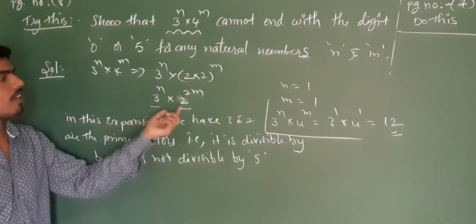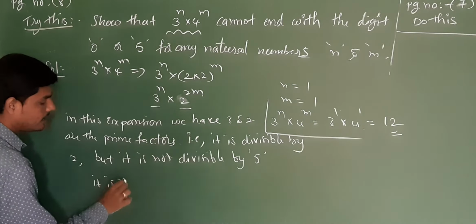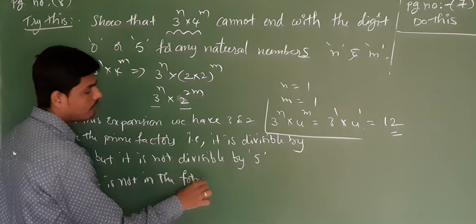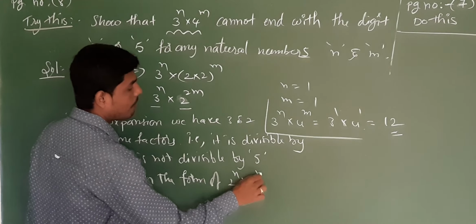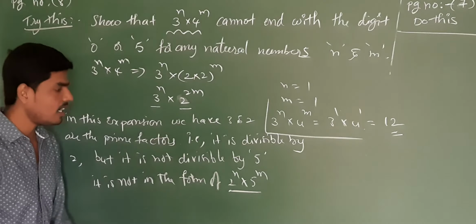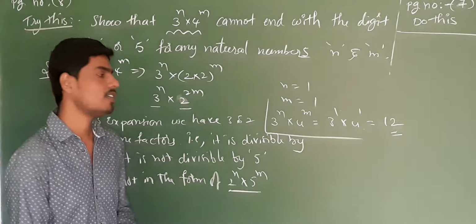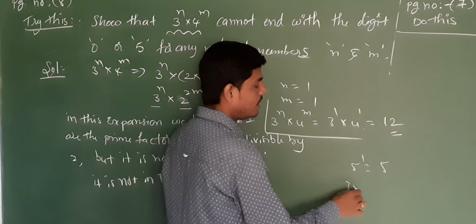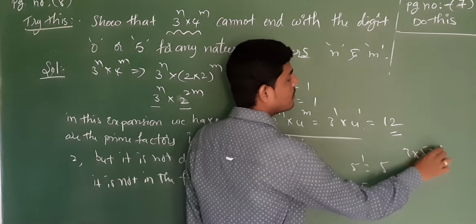That means it is not in the form of 2 to the power n into 5 power m. If it is divisible by 5, at least, you will get 5 in its ones place. Why? Because 5 power 1 is 5. 3 into 5, 15. 7 into 5, 35.